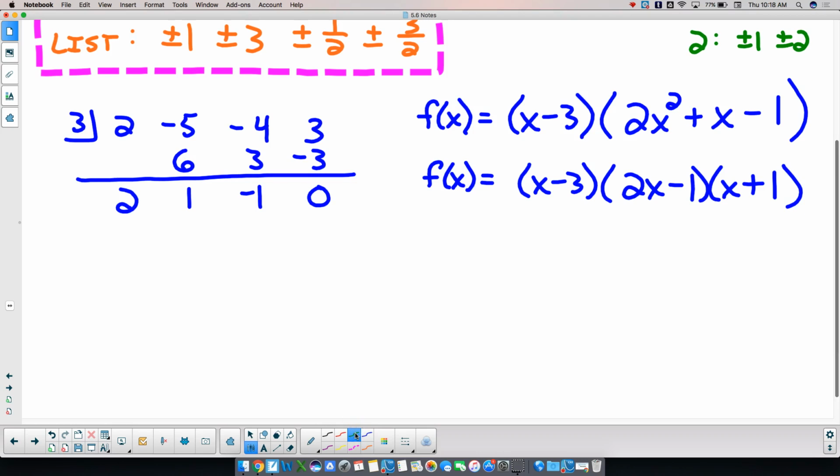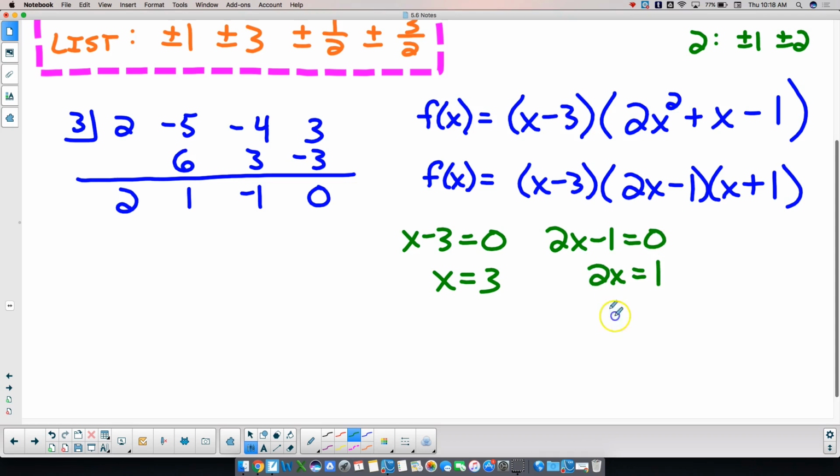That then allows me to say x minus 3 equals 0, so x equals 3 is a 0. 2x minus 1 equals 0, so 2x equals 1, so x equals 1/2 is a 0. X plus 1 equals 0, x equals negative 1 is a 0.